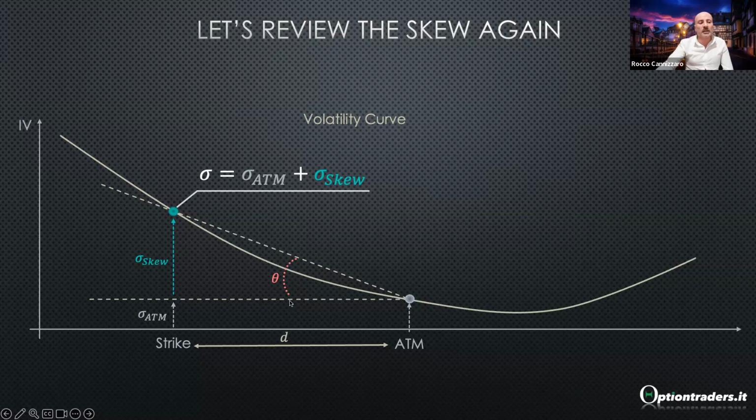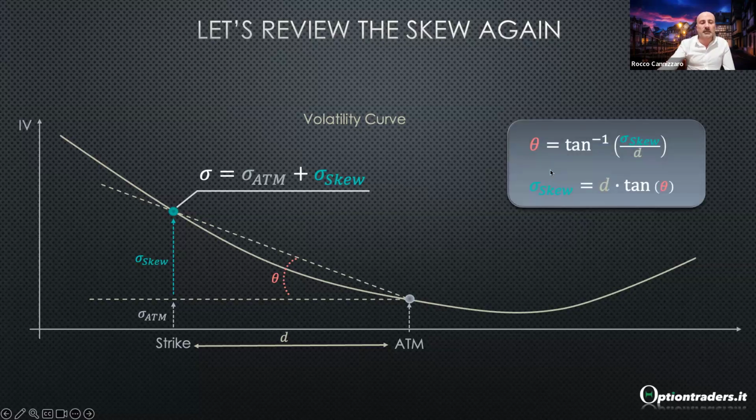We're trying to measure how much of a rotation happens, how much is the skew, and we measure the skew as a form of rotation across a pivot point. The pivot point is the at the money. With simple trigonometry, we find that theta is the arctangent of the ratio between the two sides of the triangle. And we can invert the formula to calculate sigma skew based on the distance from the money and the angle theta.